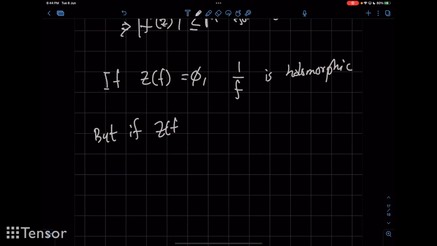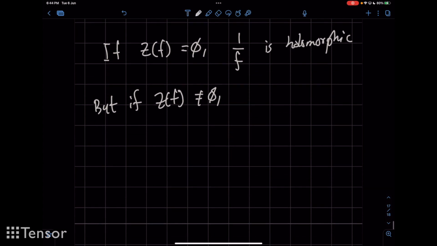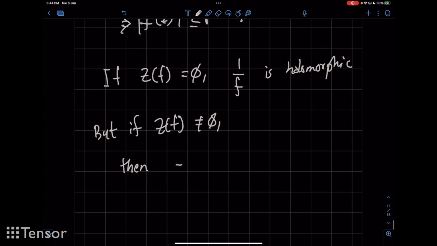But if the zero set is non-empty, then you define 1 over f acting on z. So 1 over f is a function which acts on a point in U, and this gives us 1 over f of z.